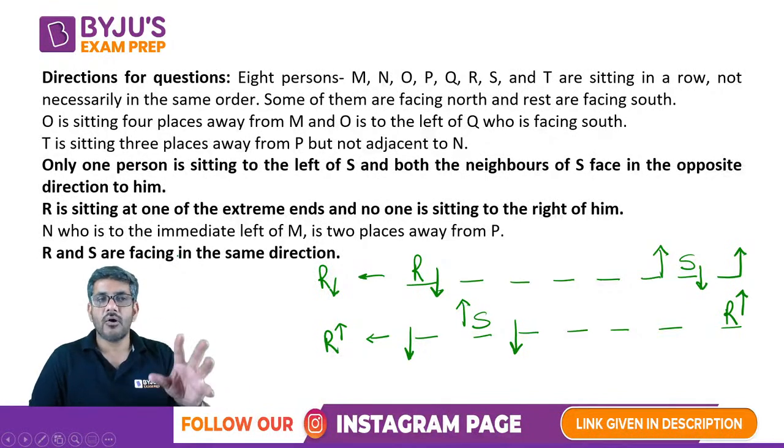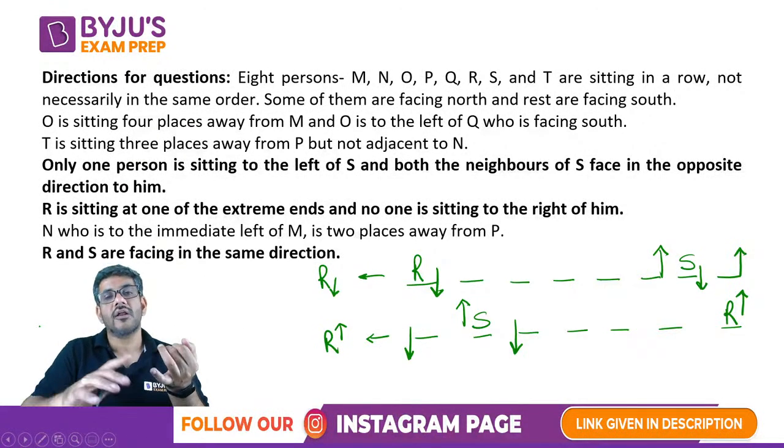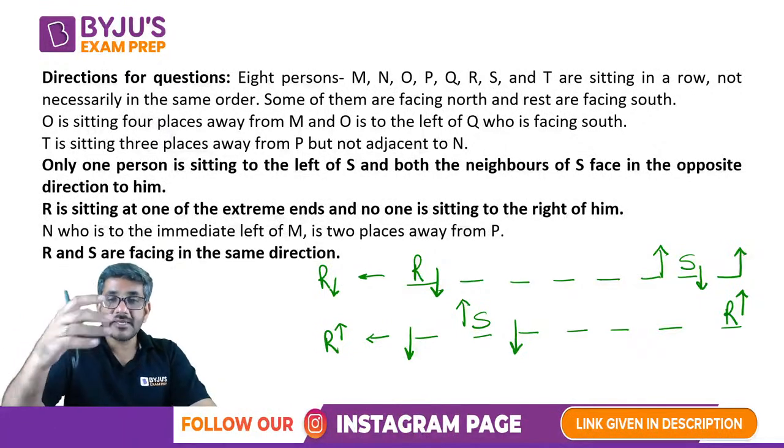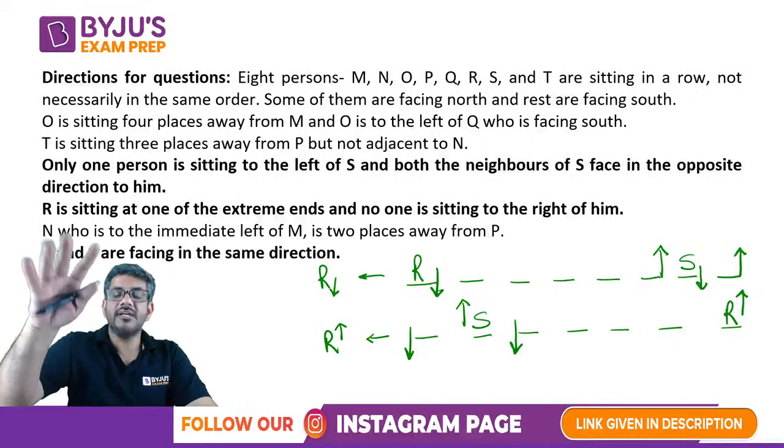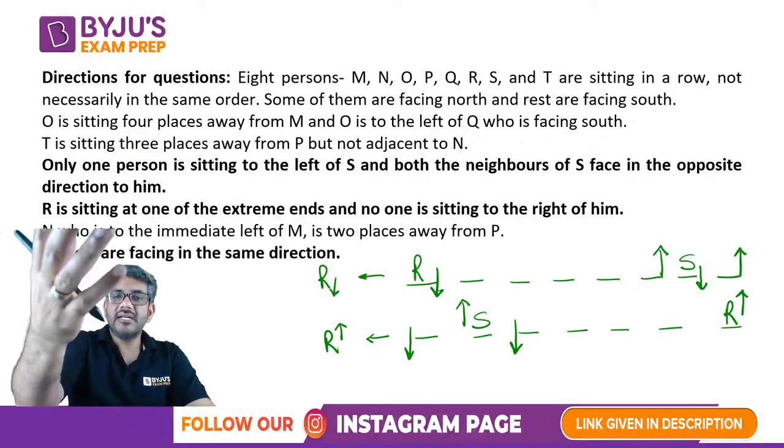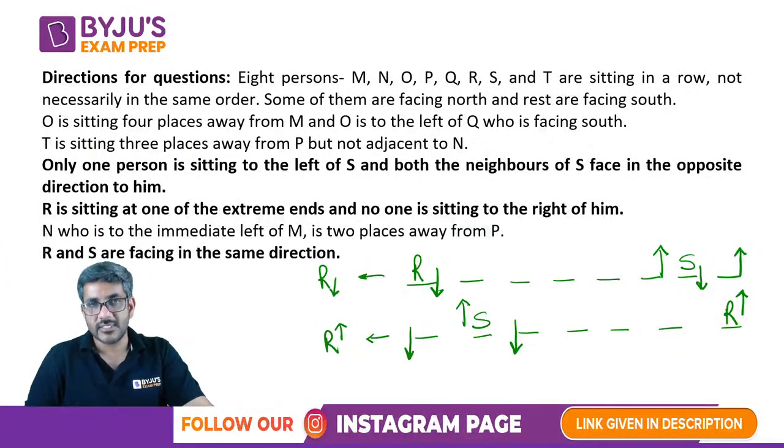I have something about R and something about S, but at this moment you would see that in the remaining three statements, neither R nor S has been talked about. So these remaining three statements talk only among themselves, and they are of a different family. They have to be made separately and then put into this part.